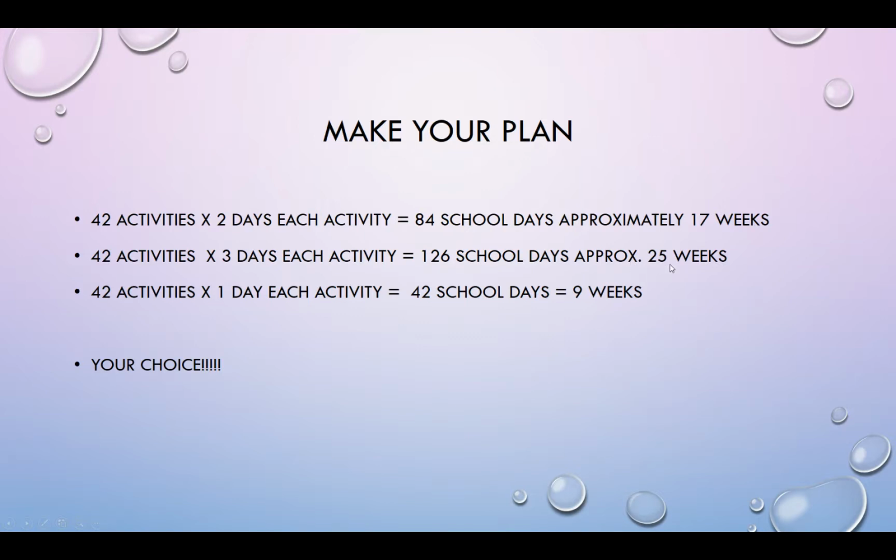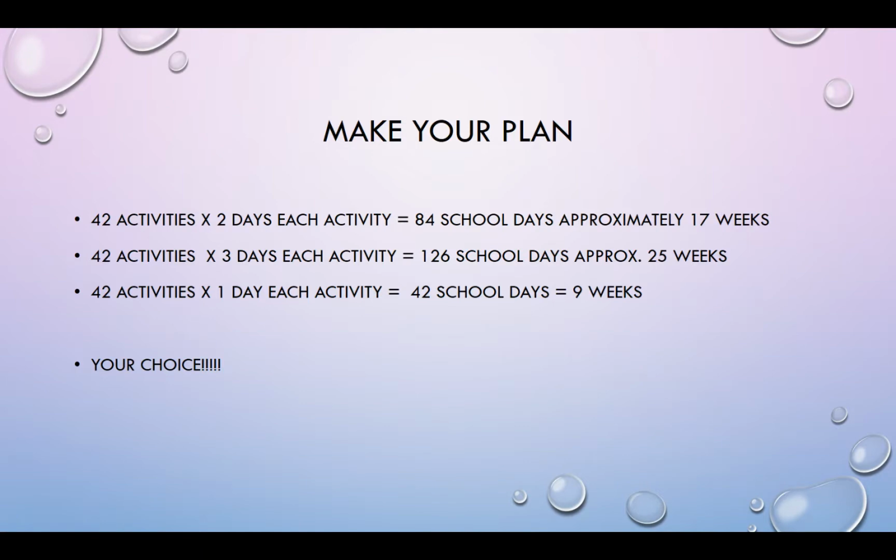That's approximately 25 weeks. If on the other hand, you're like a warrior and you have 42 activities and you do 1 day each activity, that's 42 school days, you can complete 5 credits and complete this course in 9 weeks. It's your choice. But it was important for you to know how many activities.